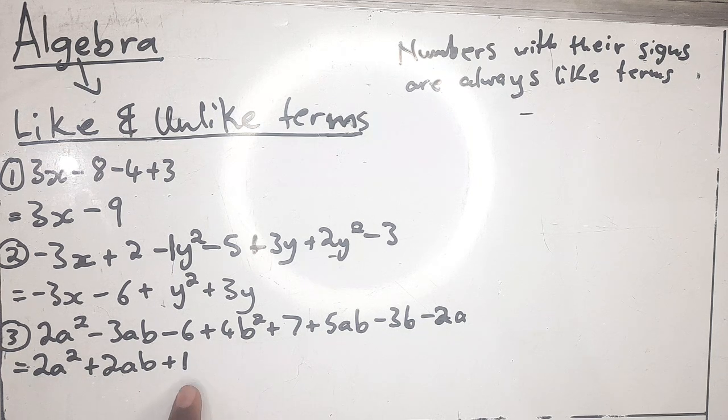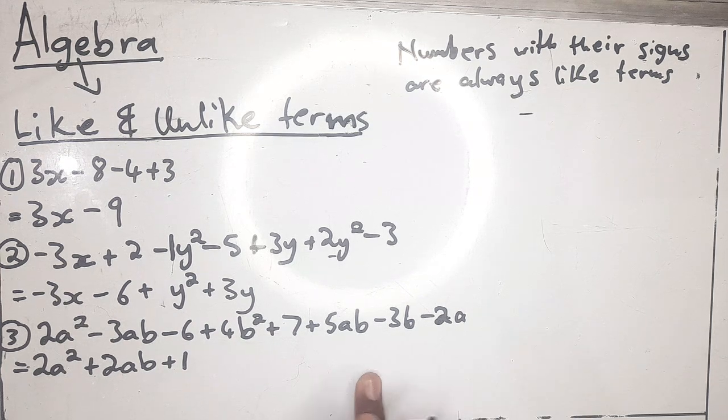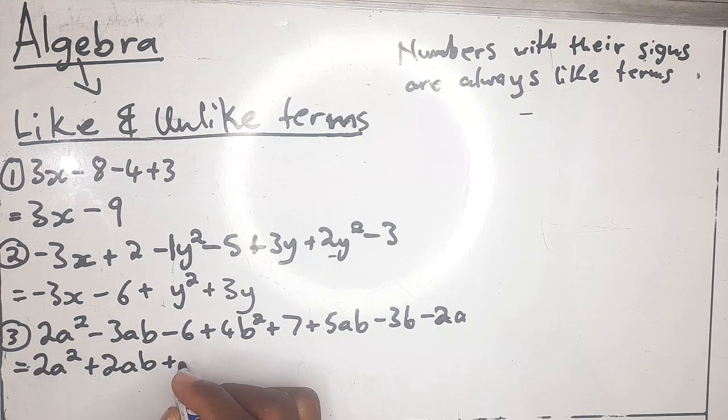1, you write it if it's by itself. But if it's something like 1x, there's no need of writing the 1. But if it's 1 in your calculator, write it as 1. Don't say nothing equals 1 and just leave it like this. No, this is wrong. Just put the 1 here. So 4b squared, any other term that ends with b squared here?